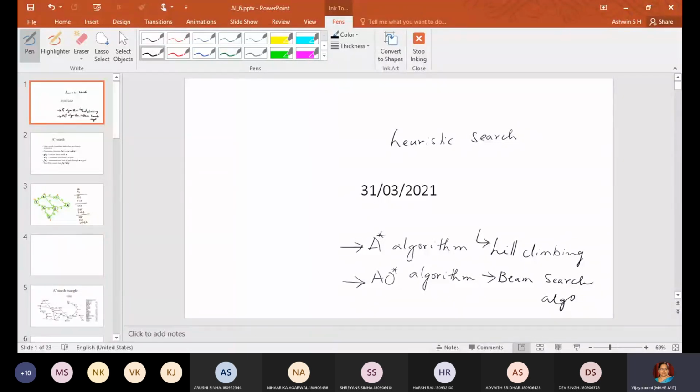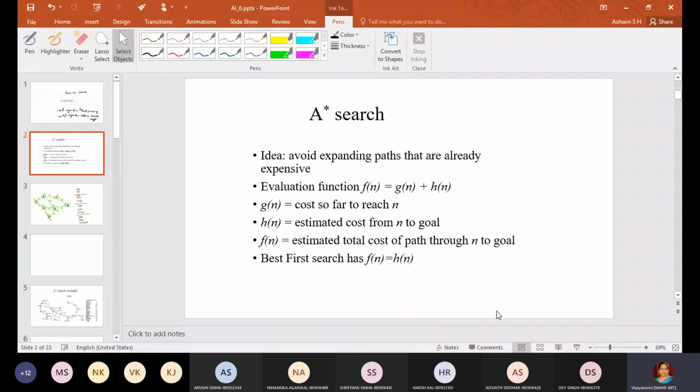So today I will give you the basic concepts of the A star algorithm and AO star algorithm, and if possible, hill climbing also we can discuss. Okay, so let me go to the A star search algorithm.